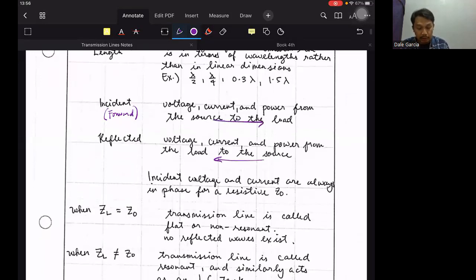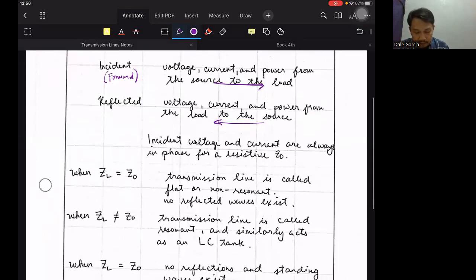Incident voltage and current are always in phase for a resistive characteristic impedance. Again, for resistive characteristic impedance, the incident voltage and current are always in phase with each other.